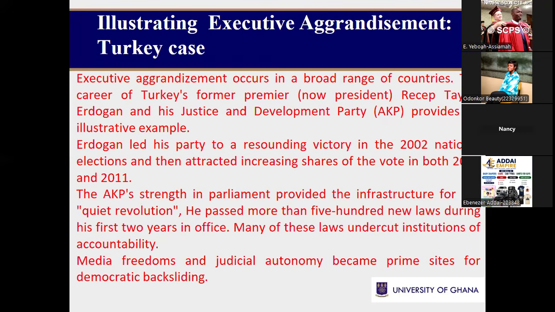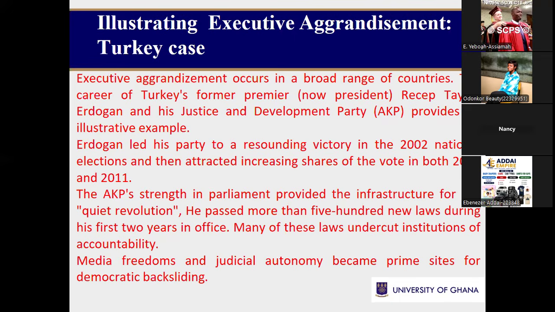In the first 2 years of Erdogan's administration, he passed over 500 new laws. First 2 years. Here, we've passed only one controversial bill, the tribunal act. Well, some people will have their views on some of these, but in Turkey, the government passed over 500 new laws during the first 2 years.